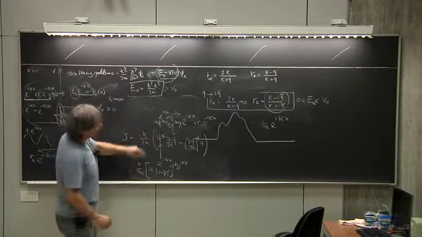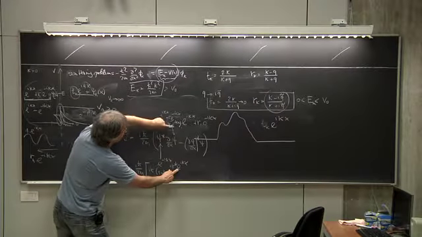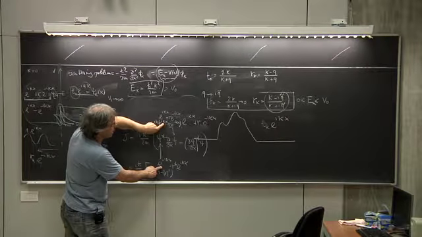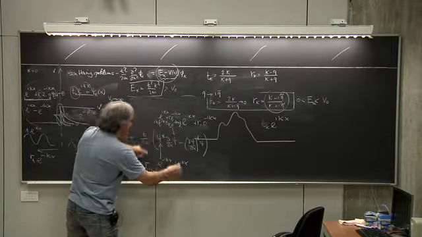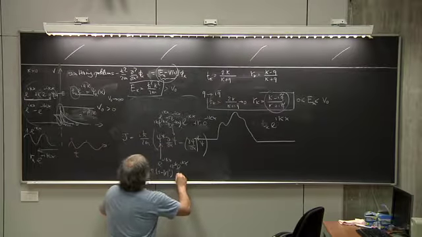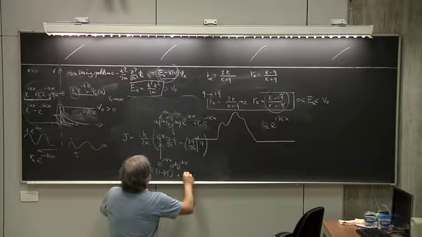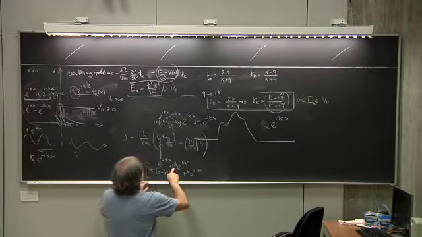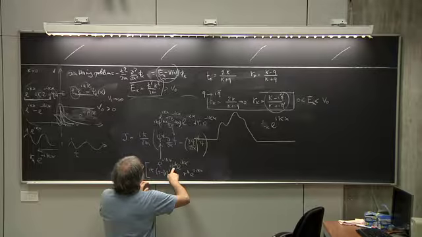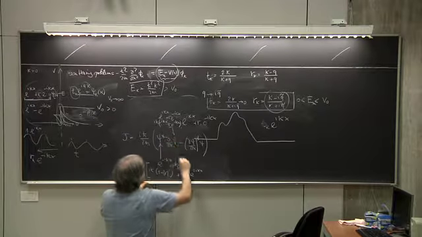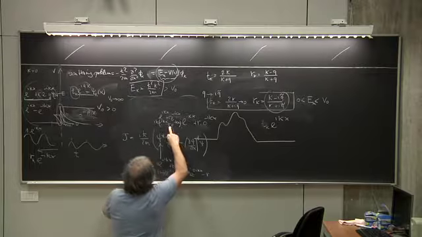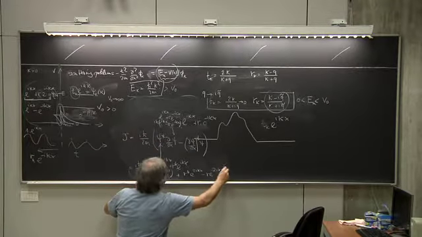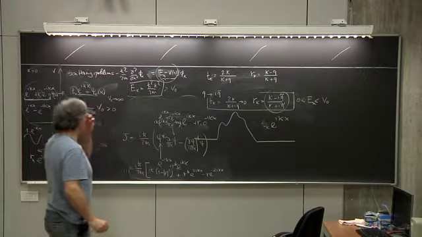Then I have 2 other terms, which are uglier because they have e to the 2ikx. So it's plus r star e to the 2ikx, and here I have minus r e to the minus 2ikx. So this is from the first.